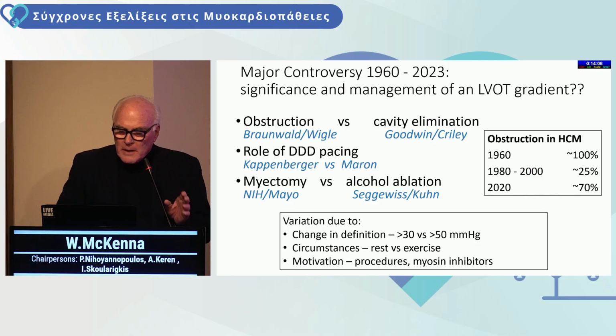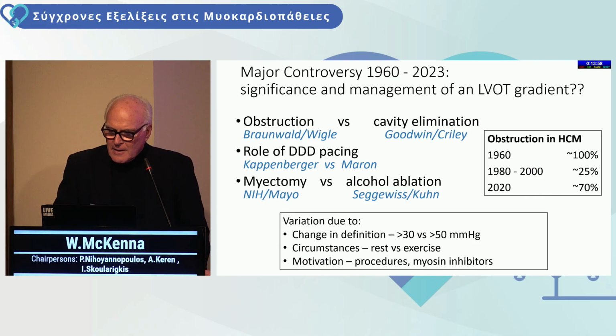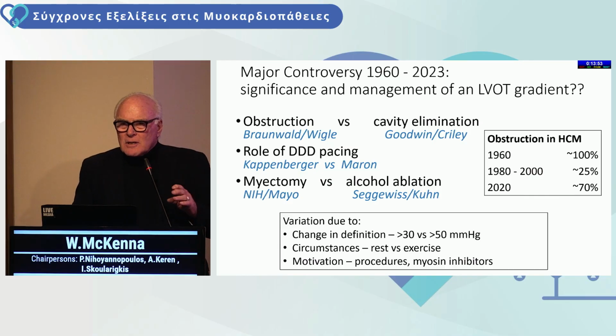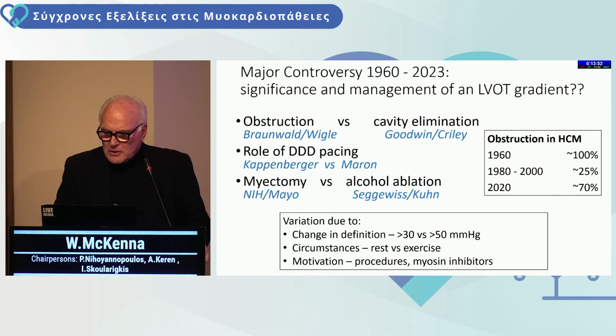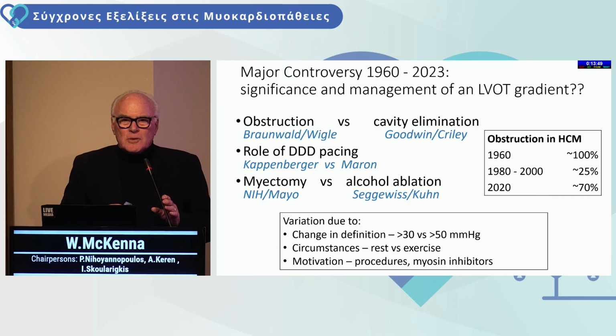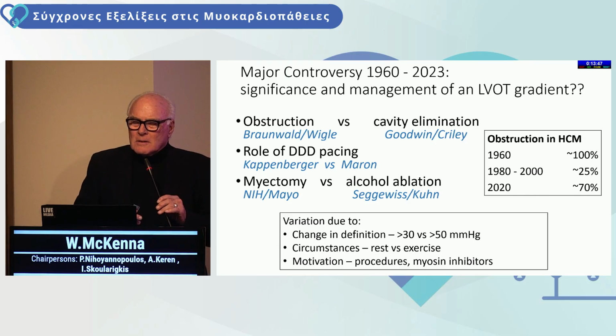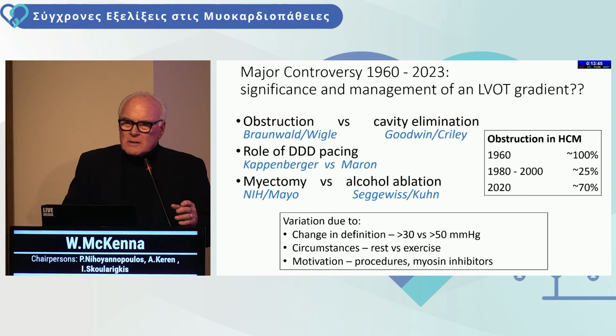In fact, only the minority. And for about 25, 30 years, about 25% have obstruction of the outflow tract. So a small percentage. It's changed in the last 10 years, if you will, to measuring obstruction post-Valsalva, post-exercise, and now you see reviews where up to 70% of patients with HCM have obstruction.